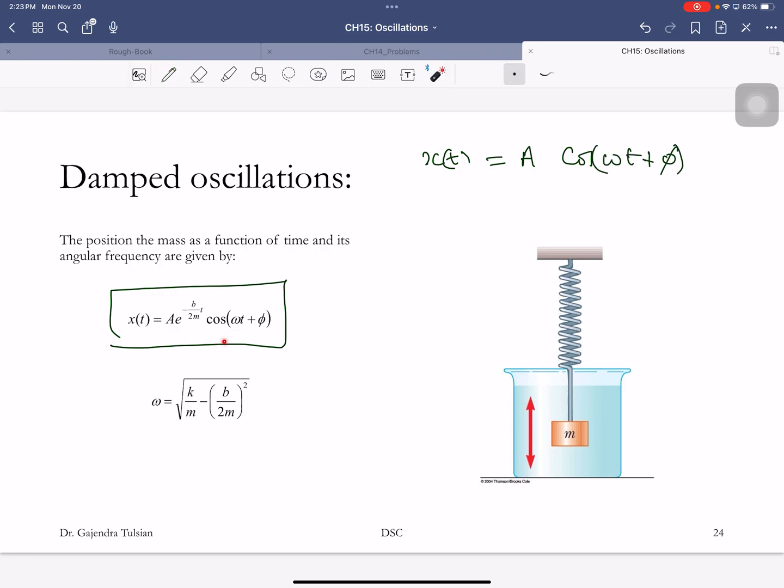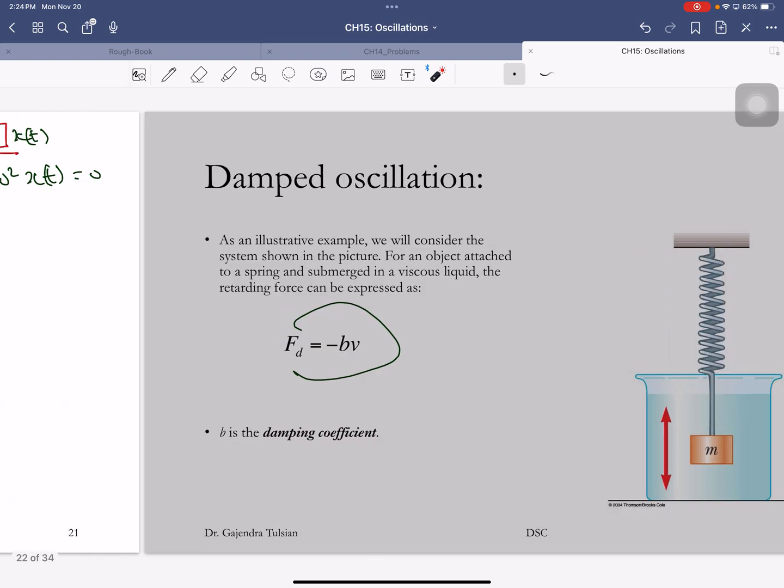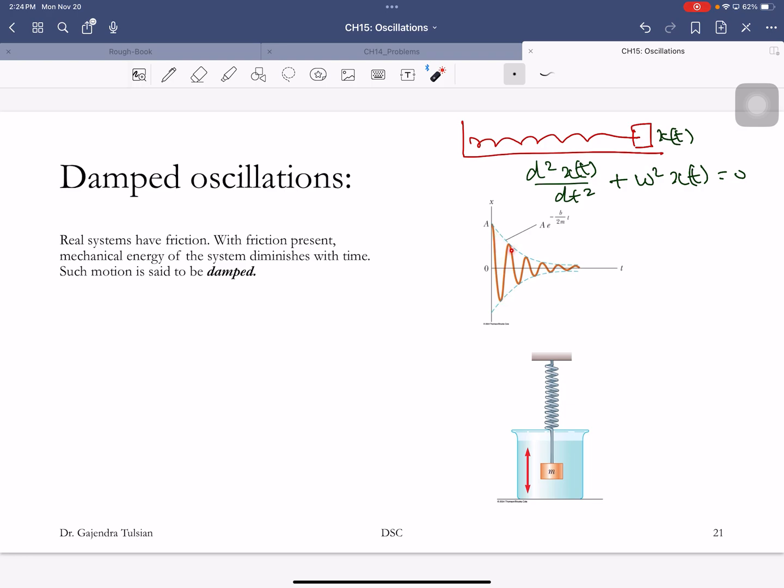So this solution is exactly the same, except that the amplitude is exponentially decaying. That was the only difference. So that's what friction does. It kills the oscillation, and that's what was shown here. So the amplitude of oscillation is dying.